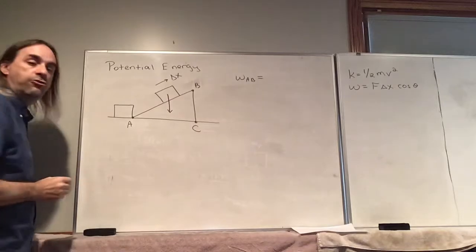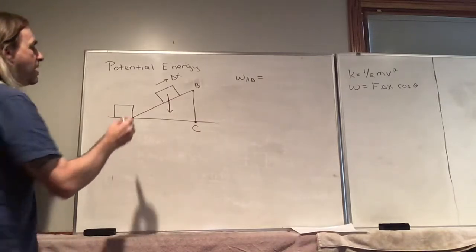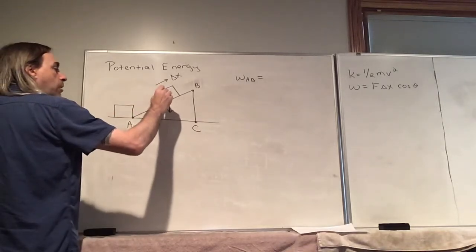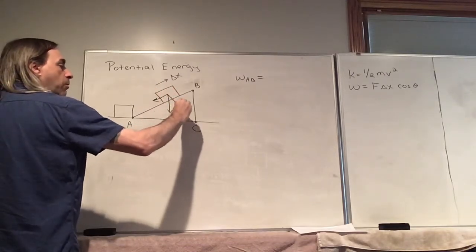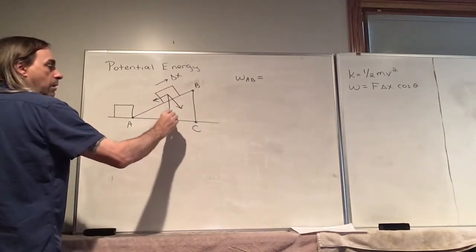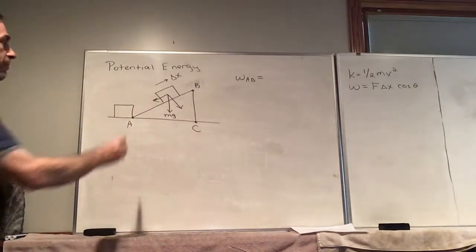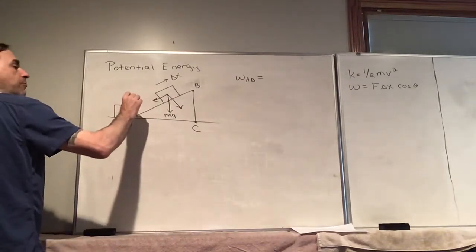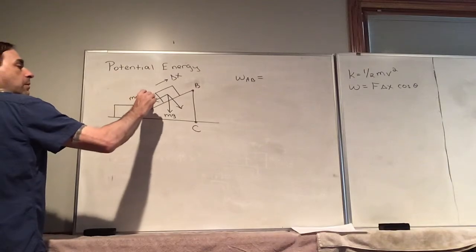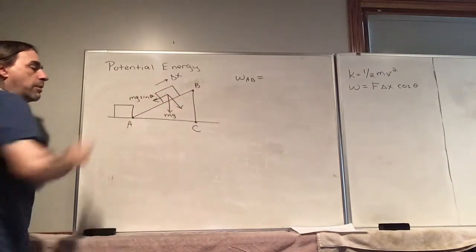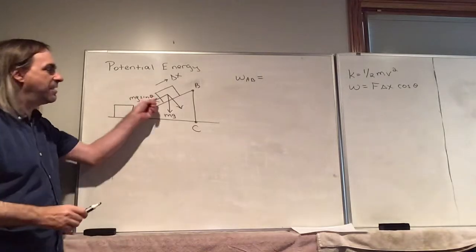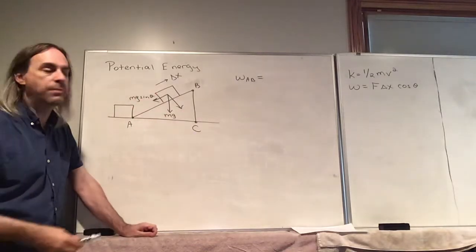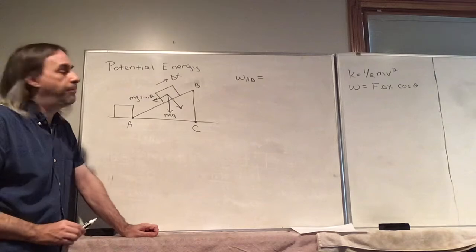The force of gravity is straight down, so we have to break it into a component that's parallel to the direction of displacement and a perpendicular component. So this is mg. This one here is mg sine of theta. And this one here we don't care about. It's mg cosine theta. We've done this enough times breaking it into components, so let's move on.